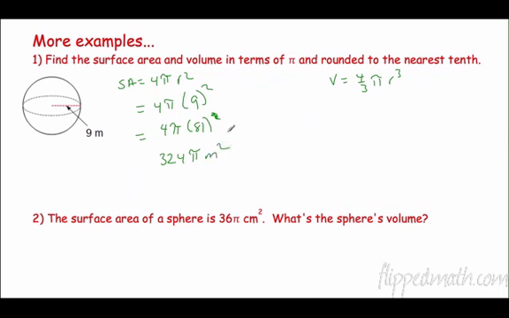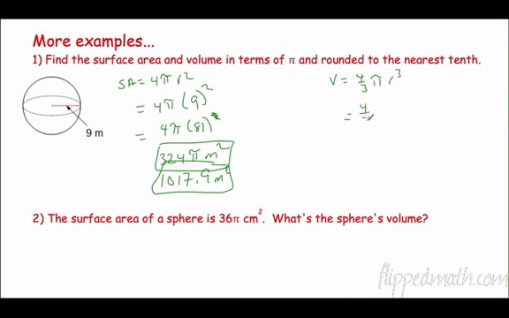Now, if we want, and we do, we have the exact answer in terms of pi, and now we also want the rounded answer to the nearest tenth. So I put 324 pi into my calculator, and I get 1,017.9 meters squared. So I have exact, and I have rounded.